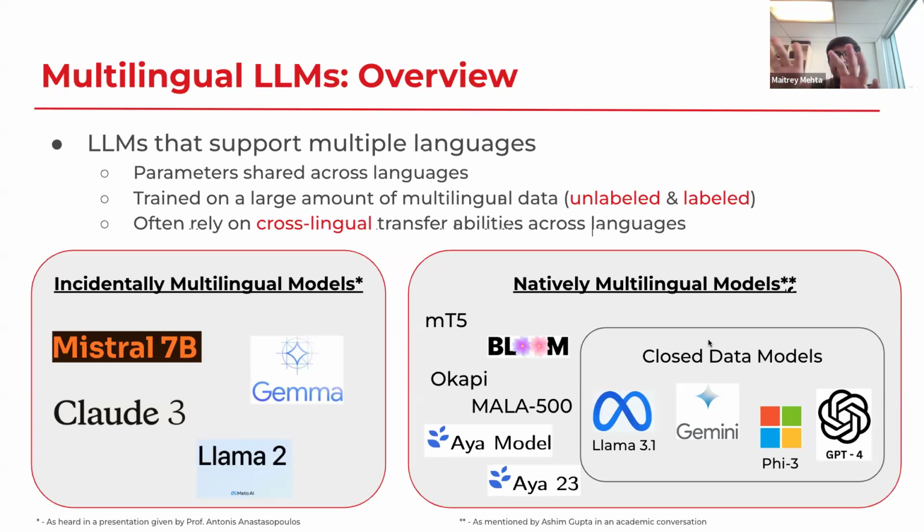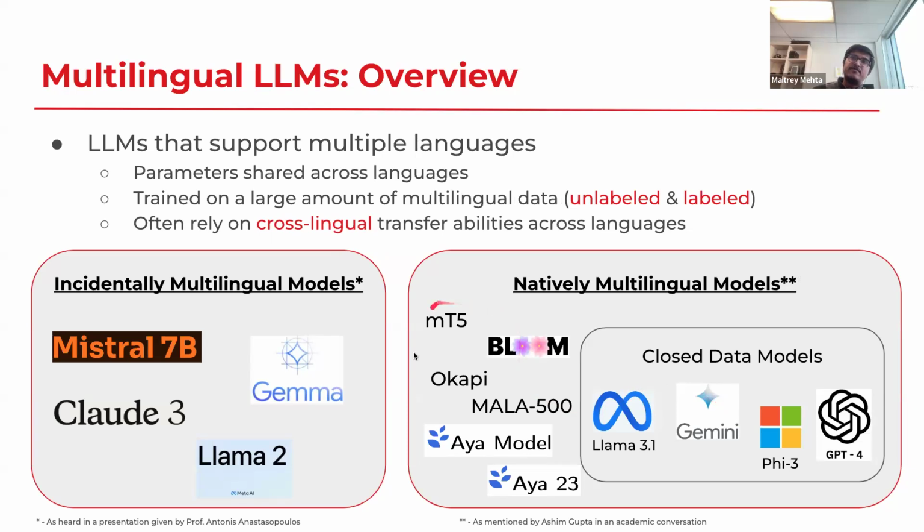And further, there are two other subcategories where we have closed data models like Llama 3.1, GPT-4 and Gemini, where they do test for multilinguality, but we don't know what data they were trained on. So we cannot really examine how much data they were trained on for each language.